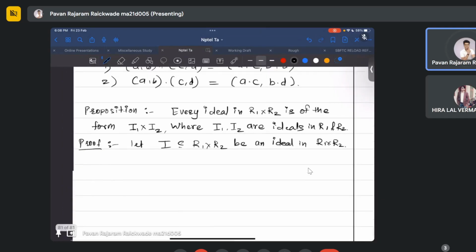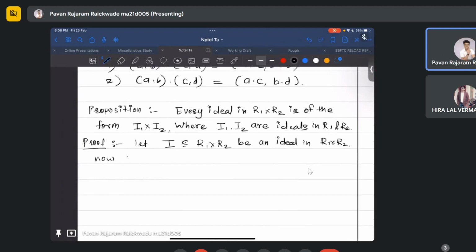Now take I1 to be the set of all a belonging to R1 such that there exists b belonging to R2 with (a, b) belonging to I. Basically, I am collecting all the first components in I.